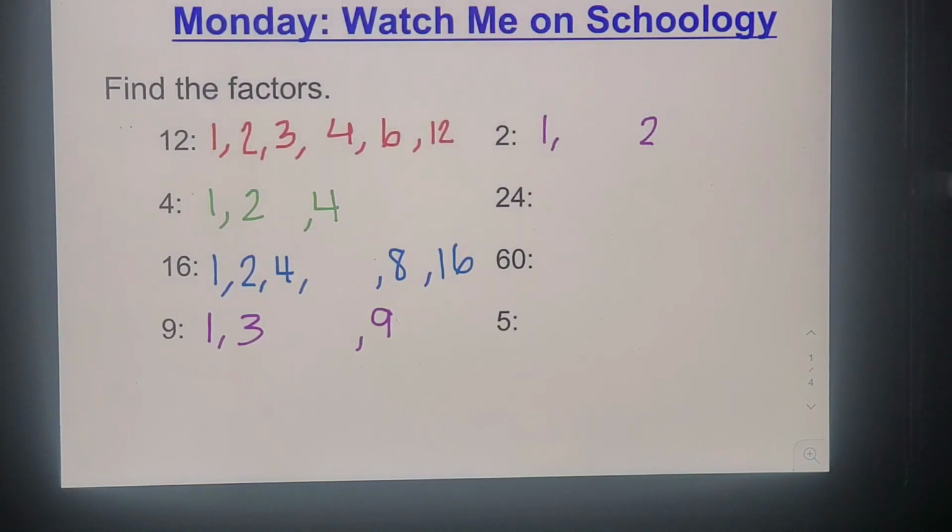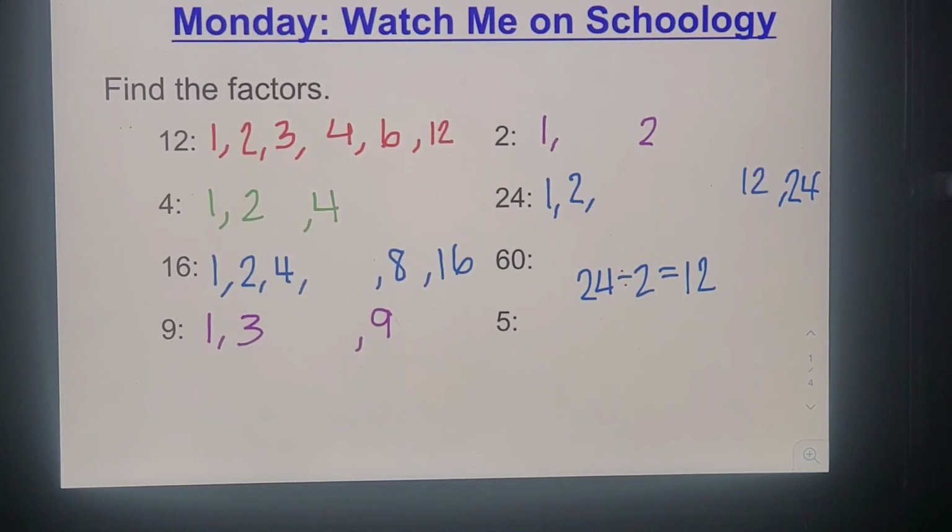Now let's try 24. So we'll start with 1 and 24. So next we do in our calculator 24 divided by 2. 24 divided by 2 equals 12. So we can write 2 and 12. Next, we can do 24 divided by 3.